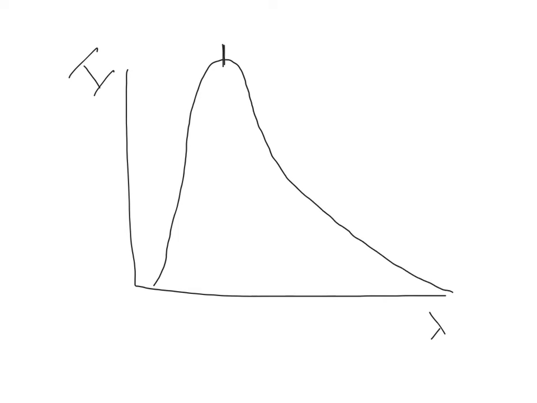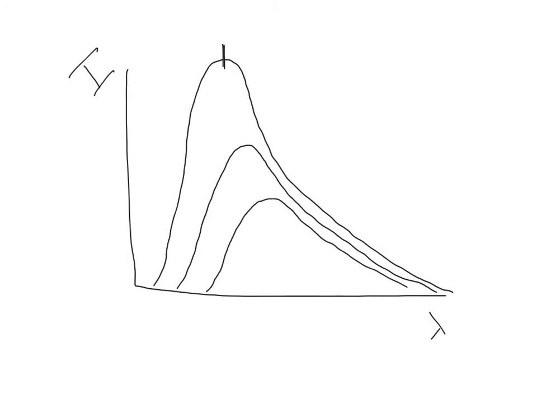Now this line would show an emission of high temperature, while this one would show an emission for a medium temperature, and this one would show an emission for a low temperature. Now as you can see, the peaks for these three lines all are showing different values for wavelength.